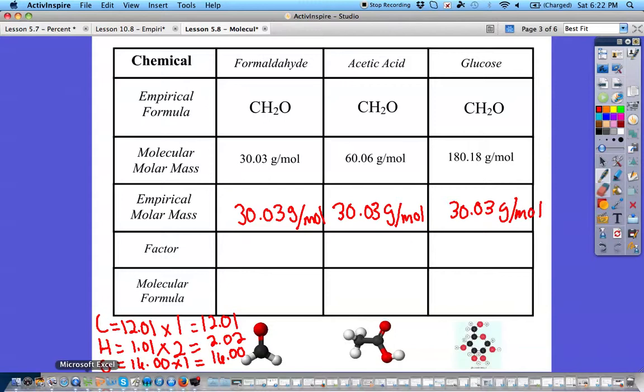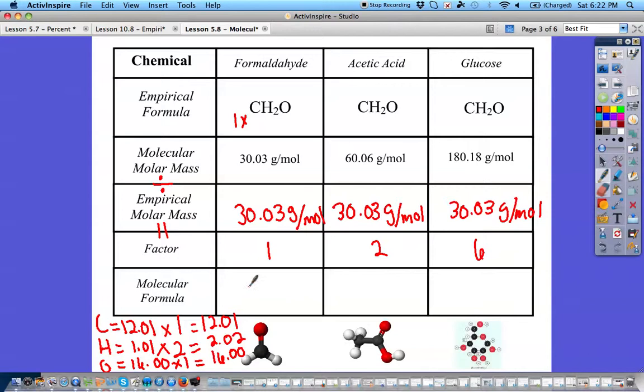Okay, so the next step tells us that we need to divide the molecular molar mass by the empirical formula molar mass. So we're going to divide those, and that is going to give us the factor. Our factor here is going to be 1, here it's going to be 2, and here it should be 6. So now we need to multiply the factor by the subscripts to get our molecular formula.